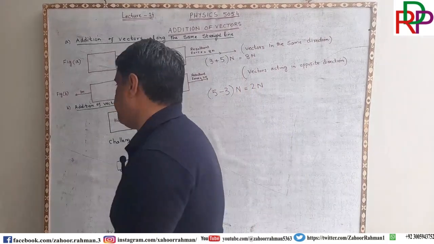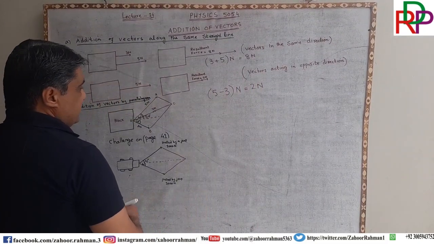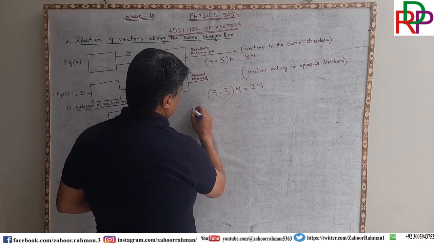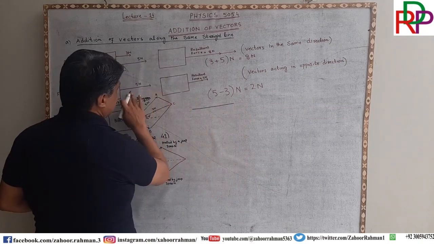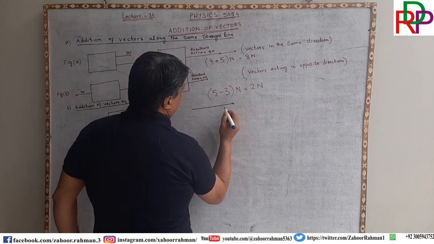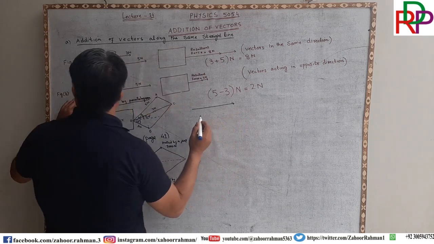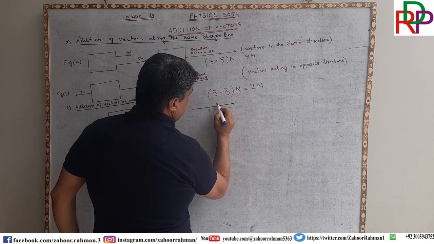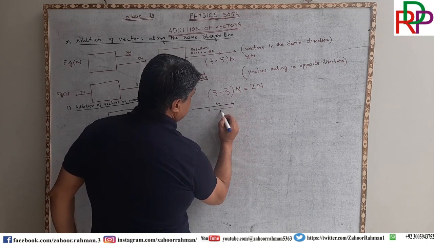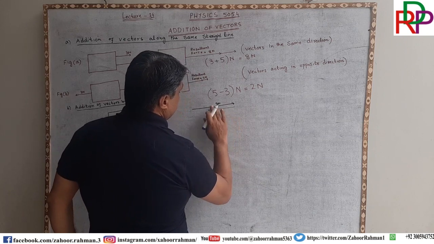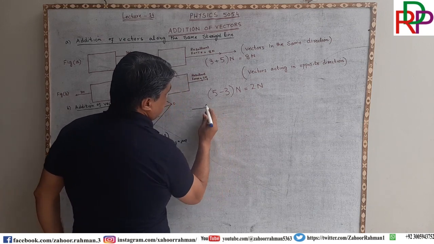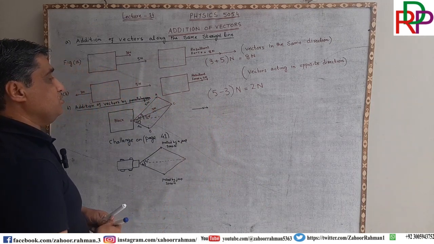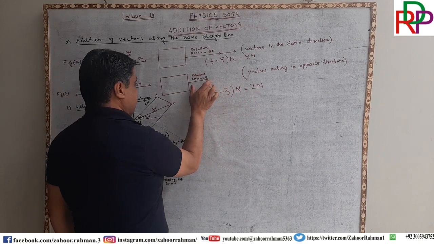Ladies and gentlemen, yesterday I told you that if there is a 5 Newton force, which is this one, and there is a 3 Newton force which is this one, then you have to subtract this 3 Newton and it will represent this 2 Newton as in this case.